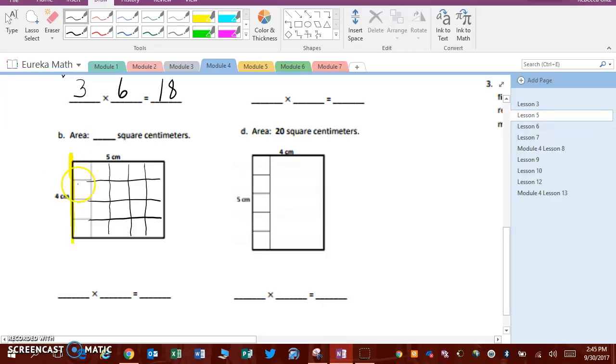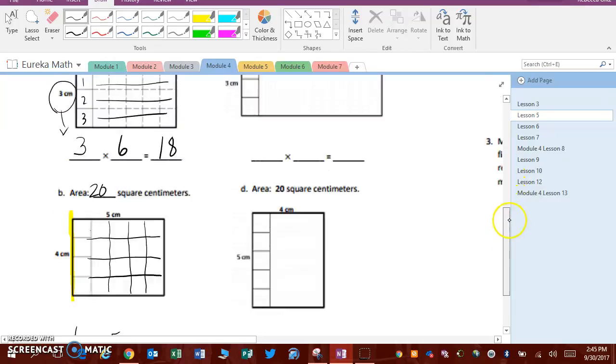So now we've got 4 rows with 5 in each row. So now think about it like an array. You've got 4 rows, 5 in each row. How many is that? If you know that fact, you fill it in. But if you don't, you count these up however you want to. 5, 10, 15, 20. And then we go up here and we fill in our area. So the area of rectangle B is 20 square centimeters.